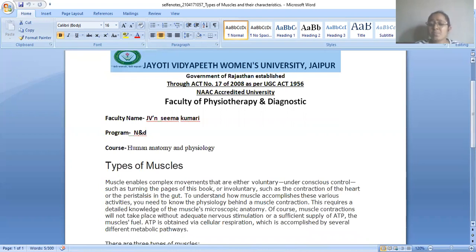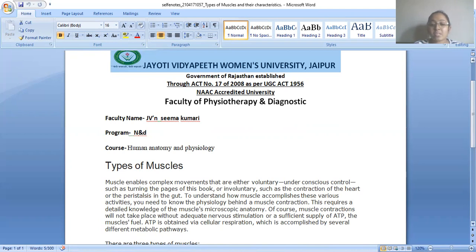To understand how muscles accomplish these various activities, you need to know the physiology behind muscle contraction. We have already discussed in one of our classes how muscle contraction takes place: the changes, ATP, myosin and actin bands, their cross bridging, and then relaxation, by the actin and myosin bands returning to their place.